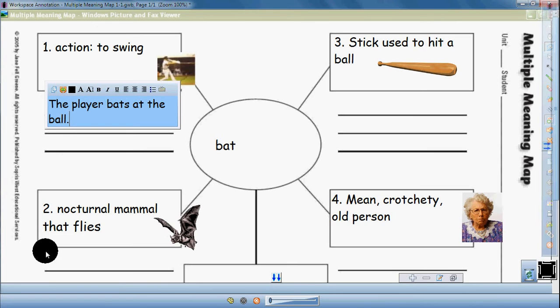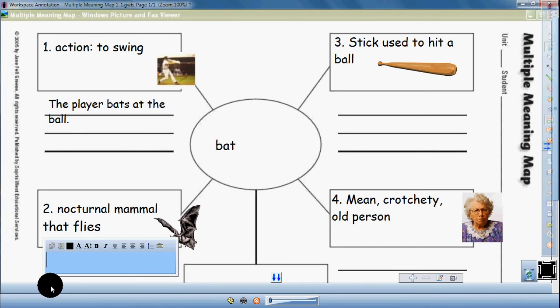The next one that we have is a nocturnal mammal that flies. Nocturnal means nighttime. And a mammal is an animal that has hair and feeds its young milk. So a nocturnal mammal that flies would be the bat.